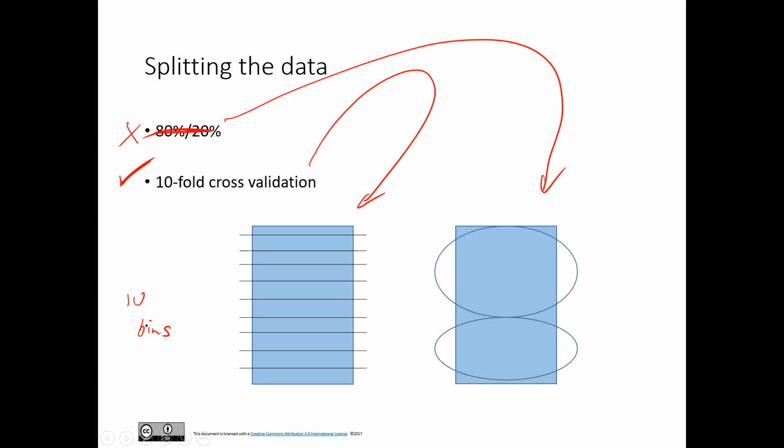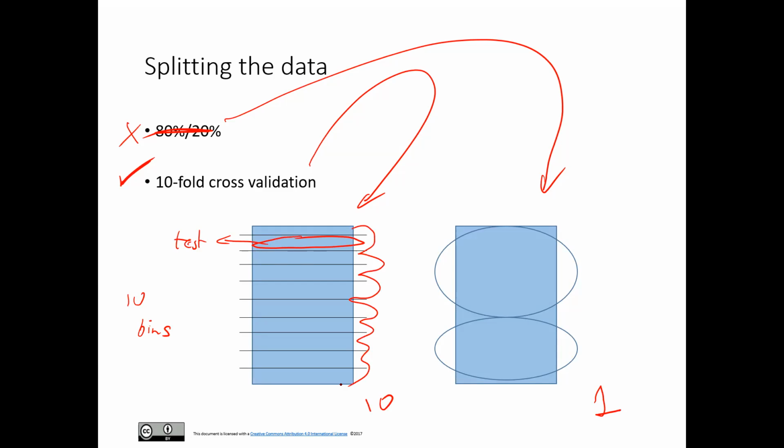And you split it into 10 bins, and the advantage of that is that now you're going to evaluate your model 10 times, whereas here you evaluate it only one time, here you evaluate it 10 times. And the way that you do it is that every iteration of the 10, you grab one. So you say, I'm going to hold this one out as test, and I'm going to train on the rest.